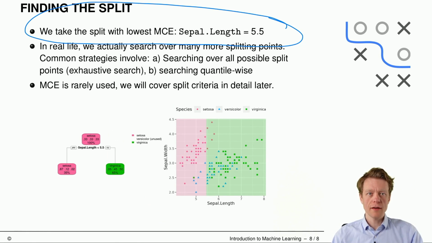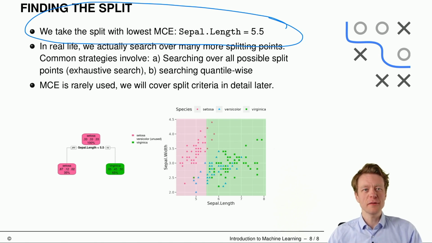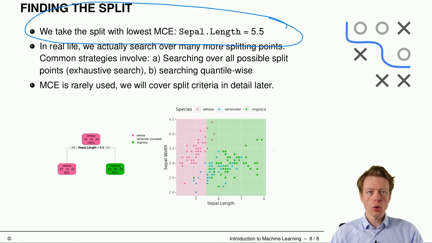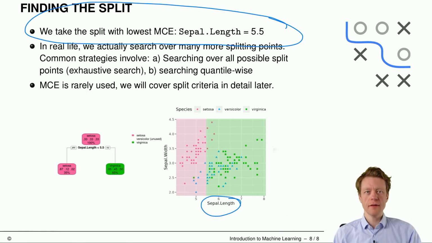And of course, in real life, we don't only look at 5 splits in feature 1 and 5 splits in feature 2, but we can, for example, search over all possible split points. So a possible split point would be any point between two observations. Or we could search quantile-wise, so we could set a split at the 1% quantile of sepal length, at the 2% quantile of sepal length, and so on.